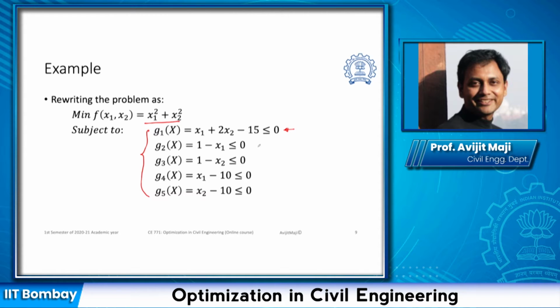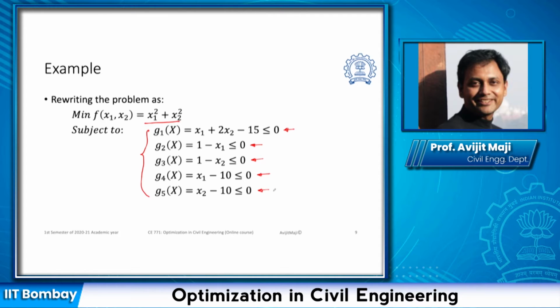Since x1 is supposed to be greater than or equal to 1, we can rewrite that as the second constraint. We also said x2 is greater than or equal to 1, we can rewrite it in this way. We said x1 is going to be less than or equal to 10, we write it in this way, and x2 is going to be less than or equal to 10, so we write it in this way. So this becomes our 5 different constraints.